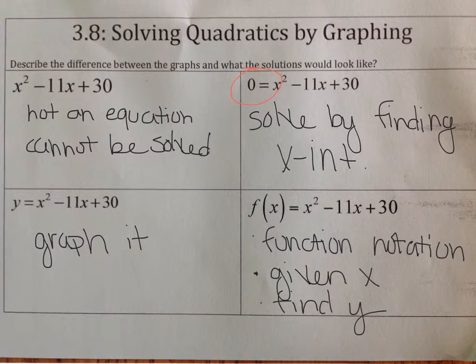So since the solutions that we're trying to look for today are x-intercepts, this formatting doesn't really work for us because in our case we're trying to find x, and in function notation format they would be giving us x. So again, another reason why our third option here is going to be the option we're looking at today.